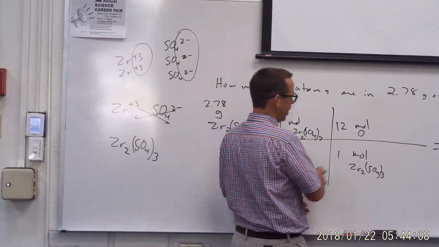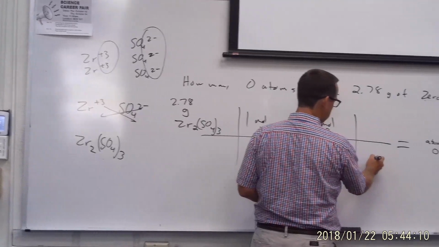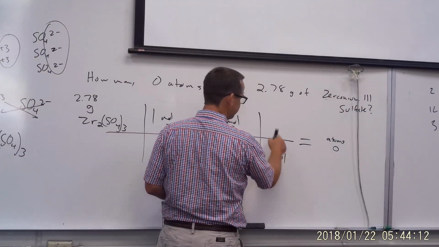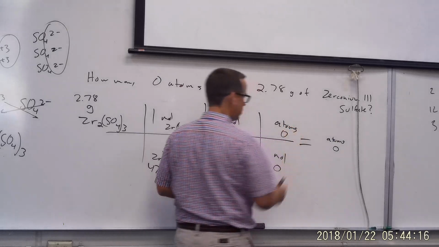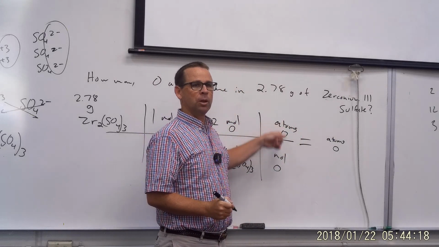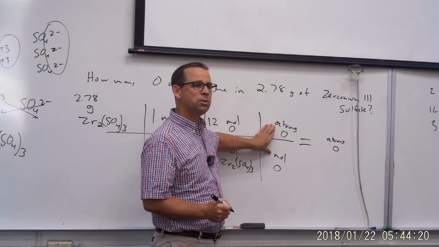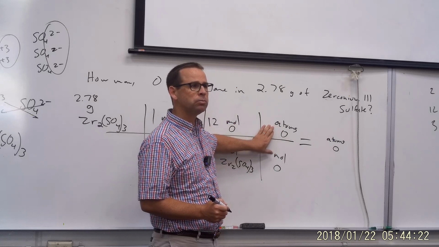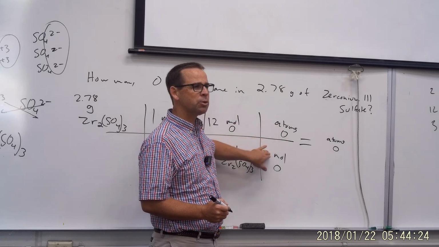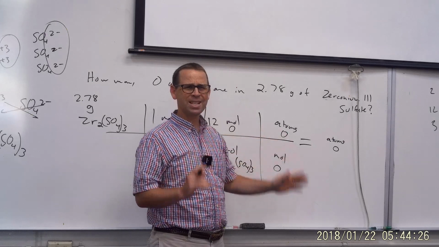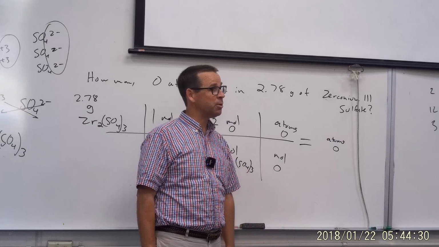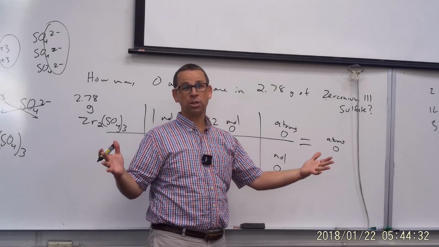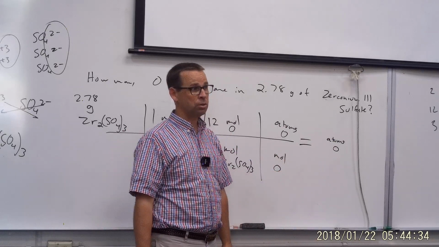Okay. After we're in moles of oxygen, where are we supposed to go now? Atoms of oxygen. Anybody uncomfortable with what to do in this sort of a scenario? What do we do when we have moles of oxygen going to atoms? What does that mean? What's that? Avogadro's number? Yes, 6.02 times 10 to the 23rd. All right?